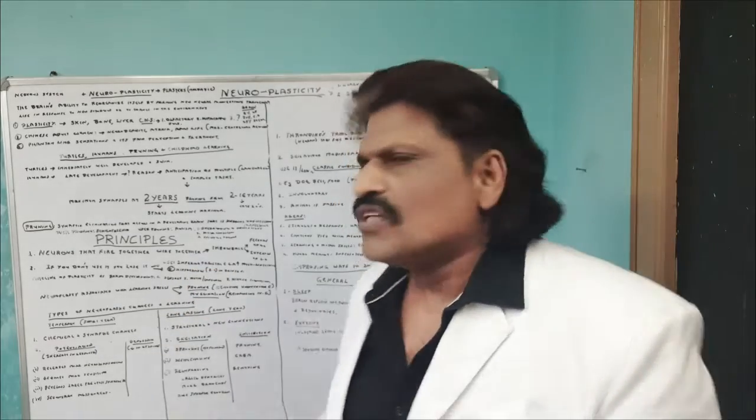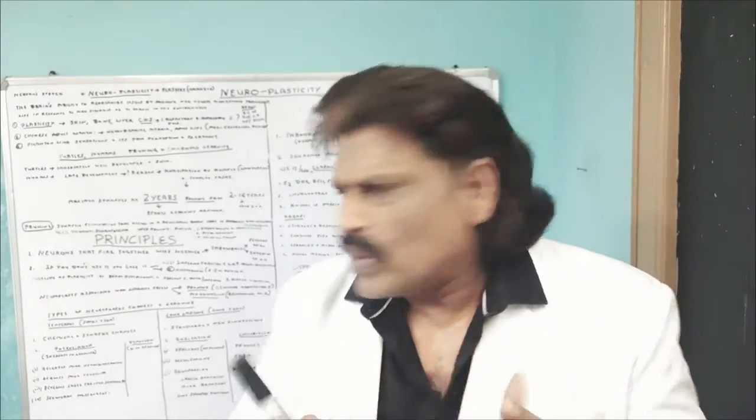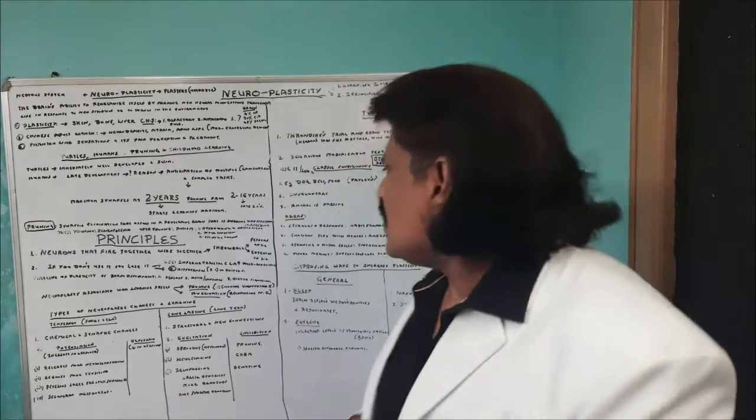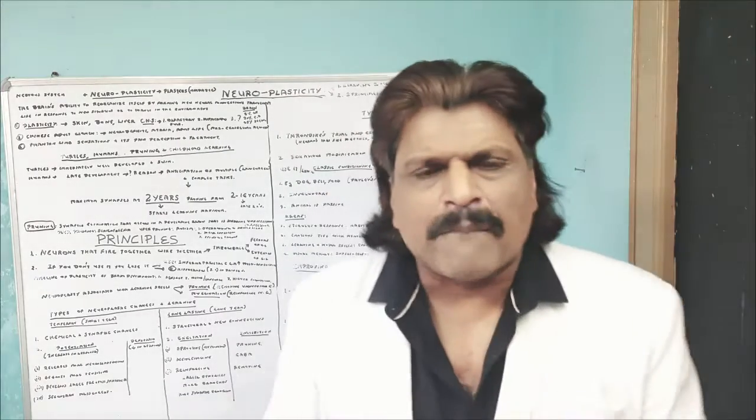The first principle is that neurons that fire together wire together. The example for this is a person trying to throw a ball in a basket as a game. Initially he finds it difficult. It may overshoot or undershoot, or it may go elsewhere.